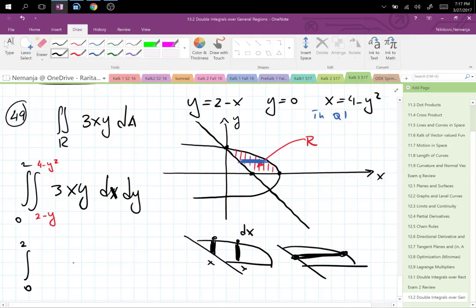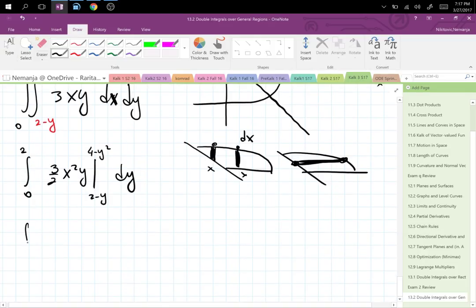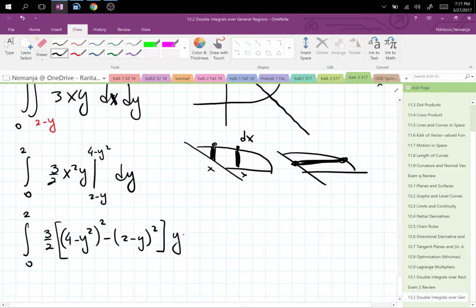So now the integral is 3/2 x squared y from 2 minus y to 4 minus y squared. We still have dy to worry about, so 0 to 2. We have 3/2, now plugging in (4 minus y squared) squared minus (2 minus y) squared, all of that times y, and then we have dy.